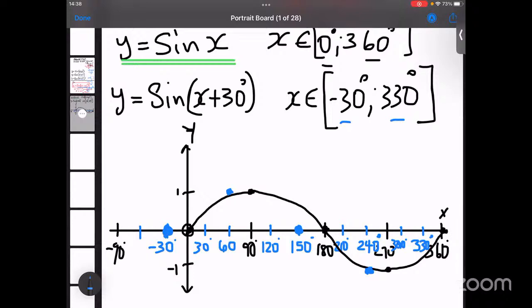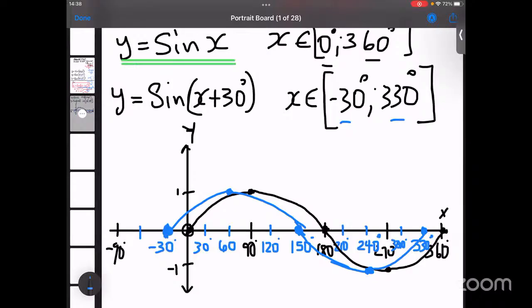At 330, it gives 0. So can you see? And then all that you have to do is just connect the dots. At 0 there, it does that, and at 0 there, it does that.